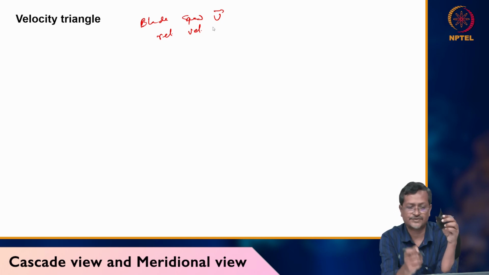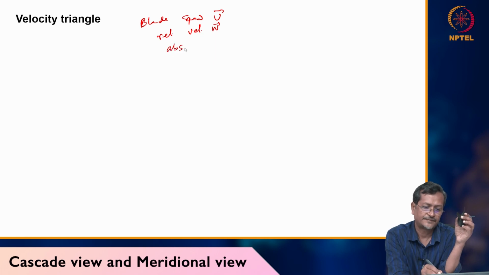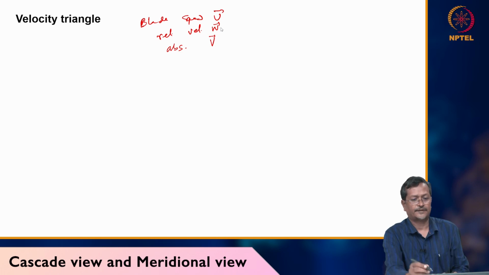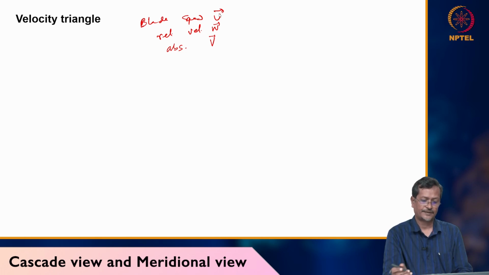That is called relative velocity. So relative velocity let's say w, and absolute fluid velocity is v. So u and v will not be the same, that's why the w term comes.